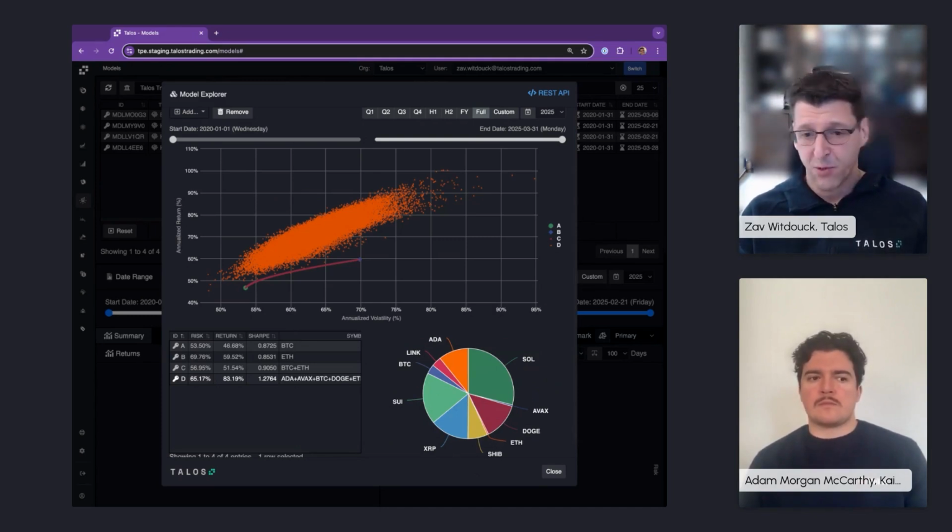I think the natural next question is what are the next products, right? And I think it's pretty clear from this analysis that providing more efficient beta exposure to crypto is a genuine thing. I think a lot of people are under the impression that the diversification benefits within crypto are not really there, but this analysis shows that is clearly not the case. There really are diversification benefits, and a lot of people are experimenting with different weighting schemes.